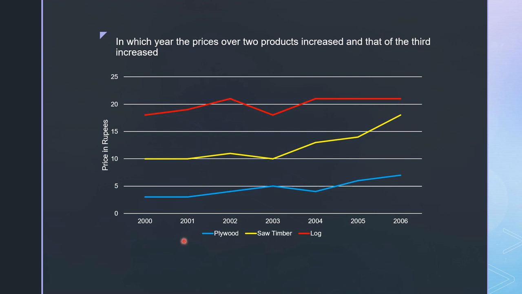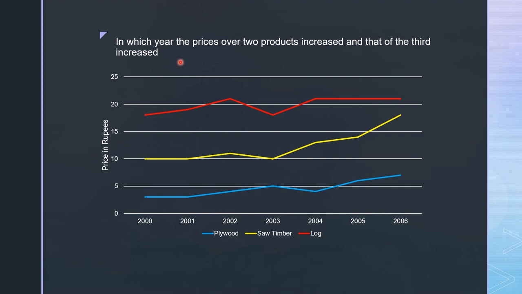But if we compare with the previous year, 2001, the plywood value is 3, the saw timber value is 10, and the log value is 19. So only in 2002 is every value increased compared with the previous year.